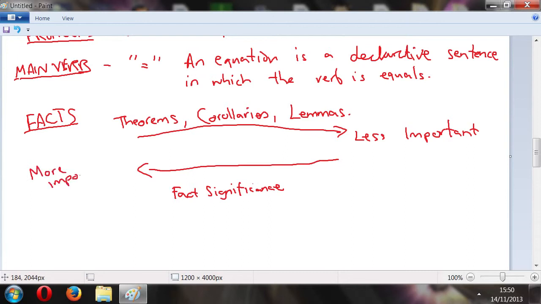So theorems are the most important, corollaries less so, and lemmas less so. But they're all statements of fact. All facts. So I'll just put that in there as well.